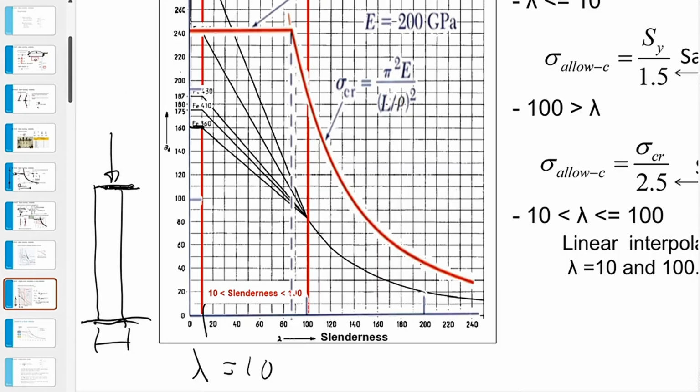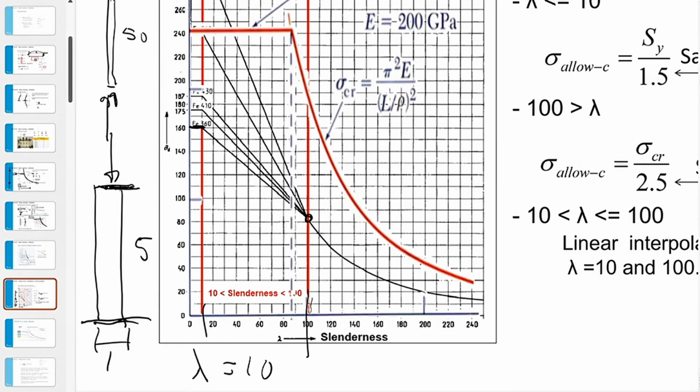This will always yield before it buckles. And if we take a slenderness of 100, then this is not 1 to 5, but 1 to 50. So then we get something a lot higher, where if this is 50, this is only 1, and then we can agree that this probably will always buckle before it yields.